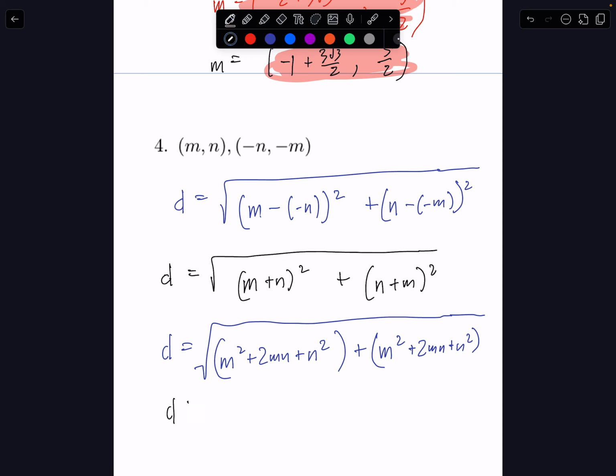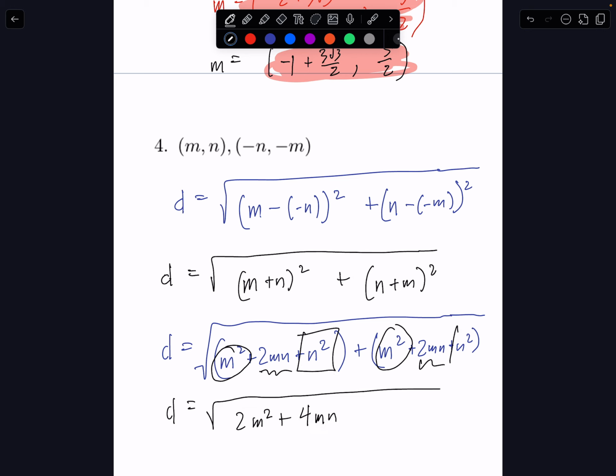Okay, now let's combine things that are the same. I got 2m squareds here. Here I have 2mn 2 times, that's going to give me 4mn. And then I've got n squared 2 times. So that's going to give me 2n squared.